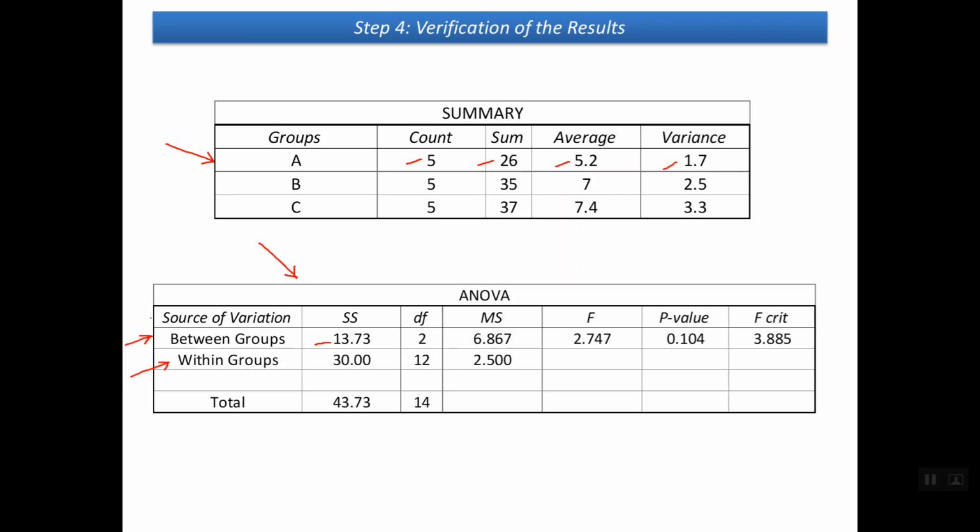So the SS between groups is 13.73, same as what we got, and within groups, or the error, is simply 30, same as what we got, and the total is 43.73, same as what we got. This is the degree of freedom for between groups. We have 3 groups, so 3 minus 1 is 2. For within groups, or the error, it is the total number of observations, capital N, which is 15, minus 3.